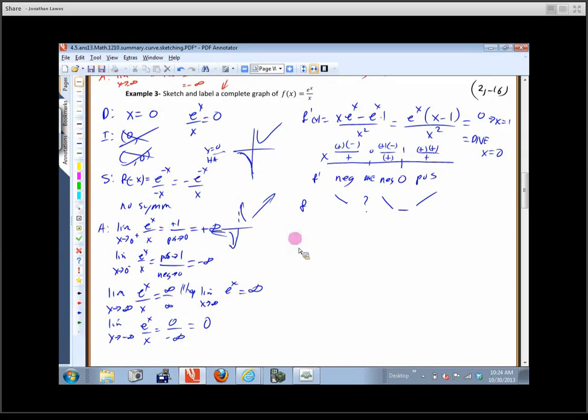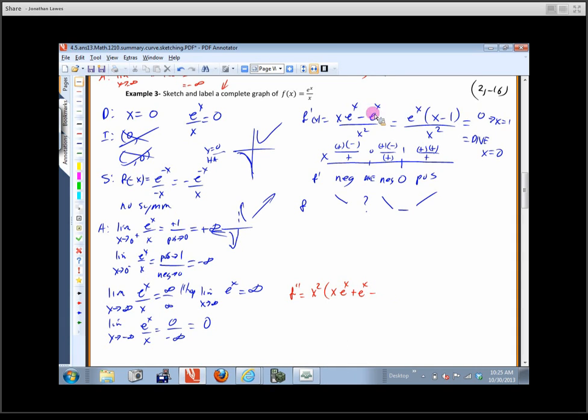All right. I'm going to go ahead and change colors for this because I'm going to find the second derivative. So let's go ahead and find f double prime. And I'm not going to use this form right here. I'm going to use this one because I think that'll be a little bit easier. I'm going to erase the 1. So this is going to be the bottom times the derivative of the top. So that's going to be x first times the derivative of the second plus the second times the derivative of the first.